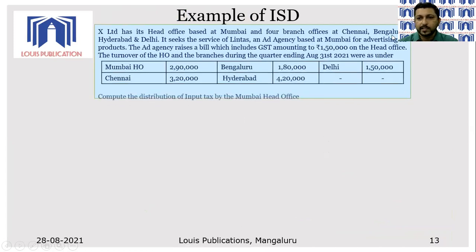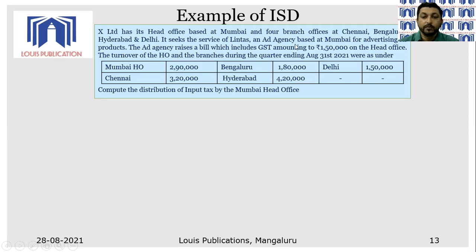Here is an example. X Limited has its head office based at Mumbai. So head office is based at Mumbai, and there are 4 branch offices at Chennai, Bengaluru, Hyderabad, and Delhi. It seeks the services of Lintus, an ad agency based at Mumbai, for advertising its products.